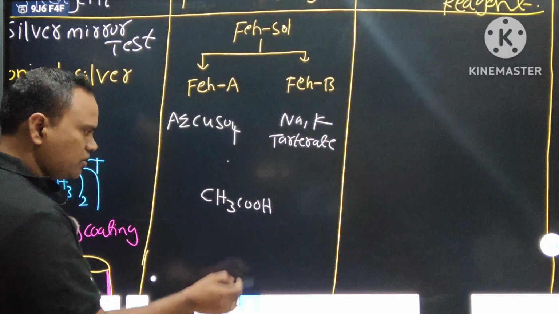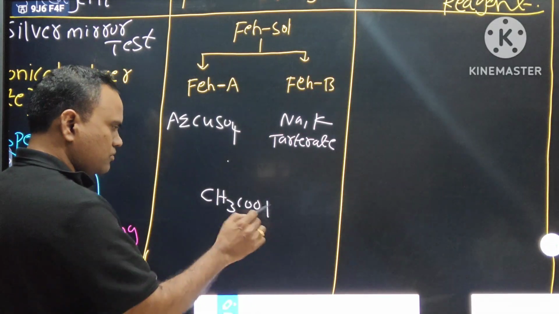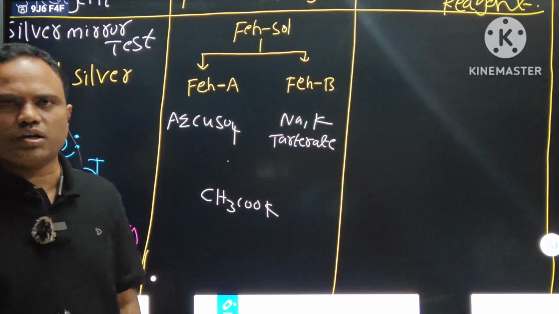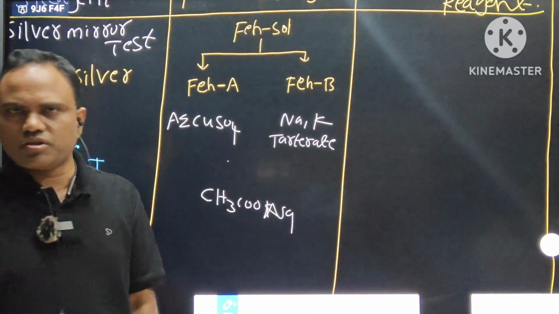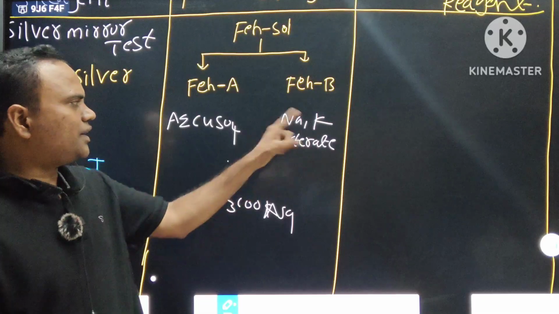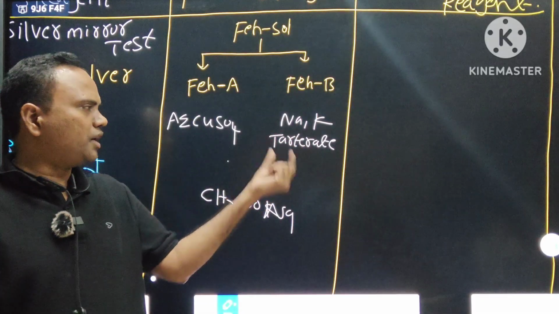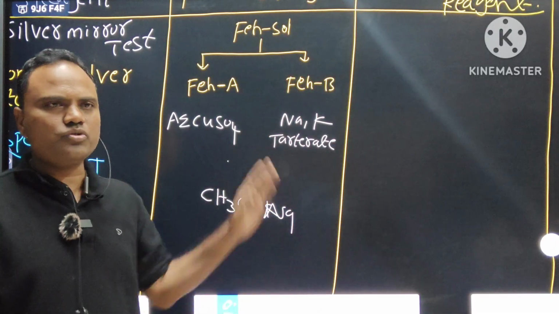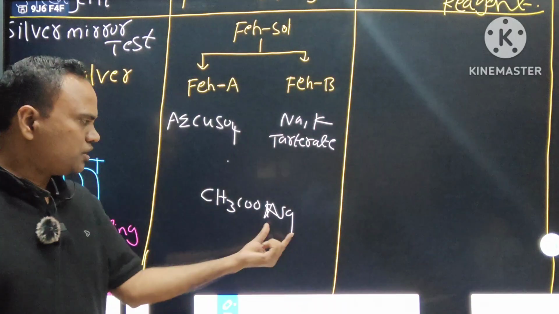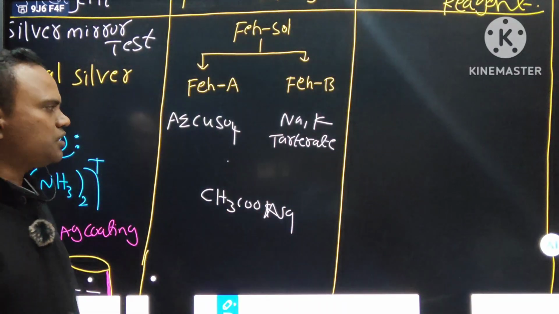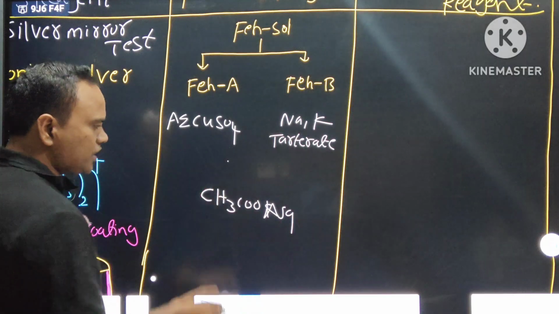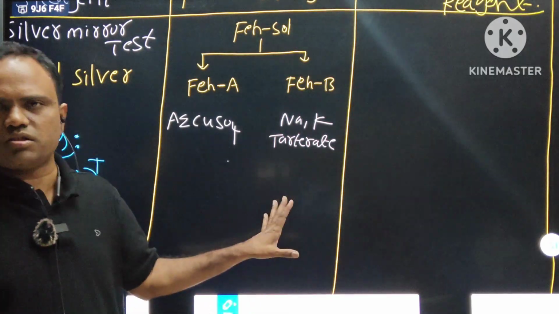Acetic acid, no? Can I call it potassium acetate? If I keep sodium, sodium acetate. This is a dicarboxylic acid. We remove 2H and we keep sodium and potassium. So sodium potassium tartrate. Like acetate, this is tartrate, a carboxylic acid salt. Clear? Structure is not important.